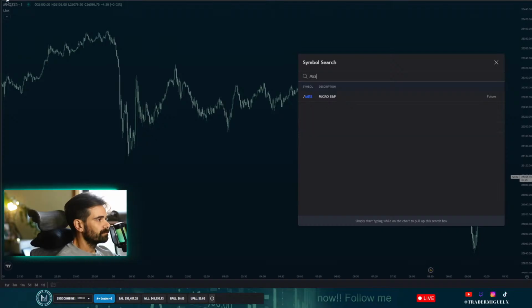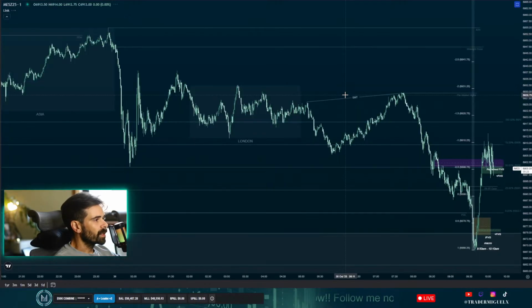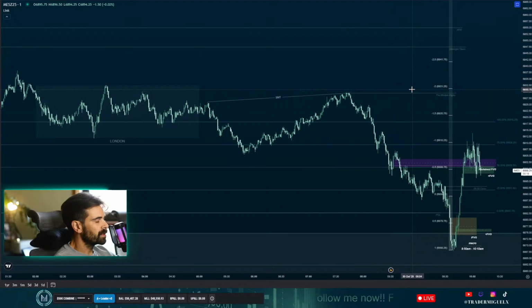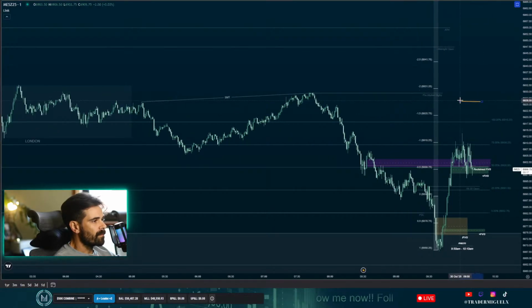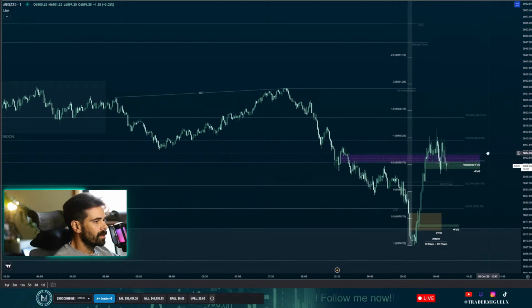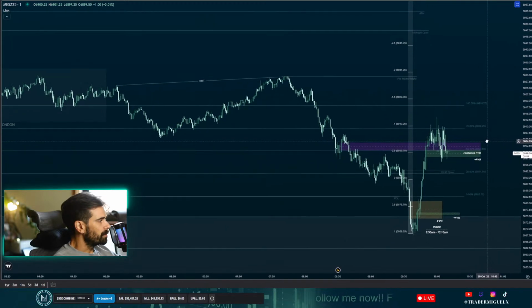So it will probably act as our draw on liquidity. Let's wait a bit more.